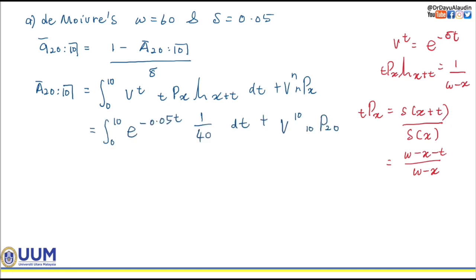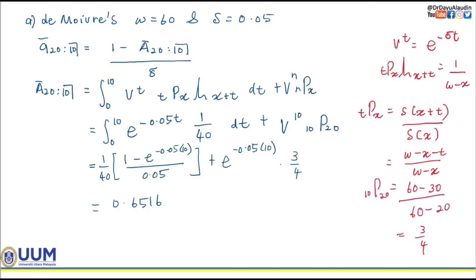Then we substitute the values: delta is equal to 0.05 and tpx mu x plus t is equal to 1 over 40. Now we find 10p20, which is equal to 3 over 4.